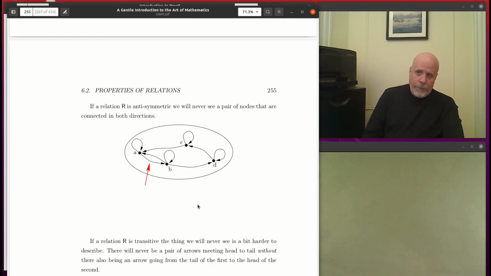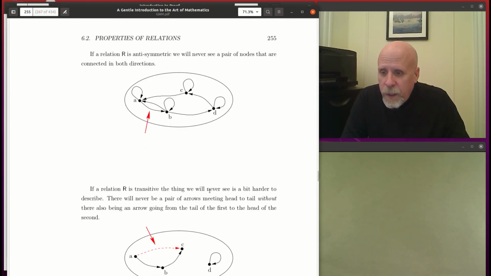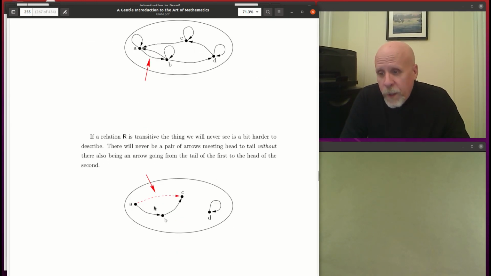And as has been the case all along here, the transitive property is the tougher one to understand. But here it is. You should never have a missing direct route or shortcut when there is a long cut. That is, when there's a route that goes from A to C via B, there needs to also be the route that goes straight from A to C. So that red thing's not really there.